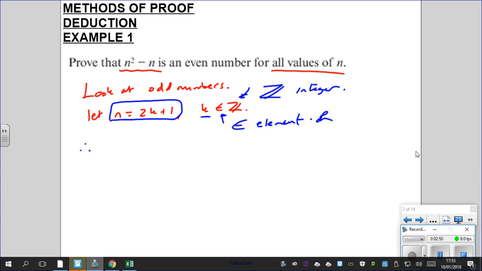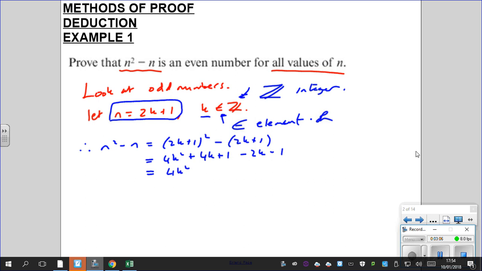So we get n squared minus n is the same as (2k plus 1) squared minus (2k plus 1). And (2k plus 1) squared is 4k squared plus 4k plus 1. Subtract the 2k, subtract the 1, so we get 4k squared plus 2k only. We need to prove that it's an even number. If it's even, then it's divisible by 2, so as long as I can take a factor of 2 out, it's even.